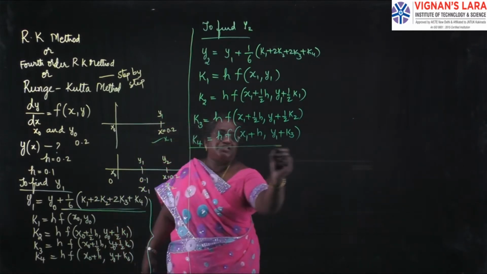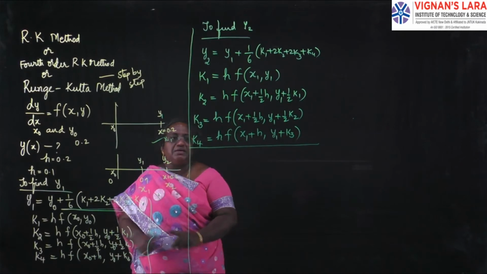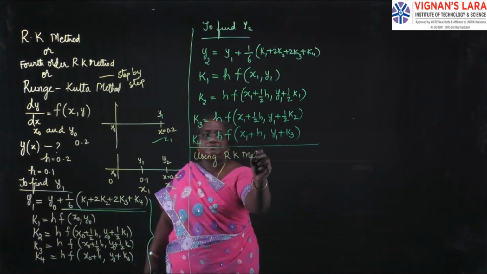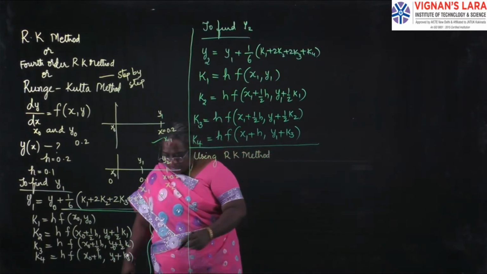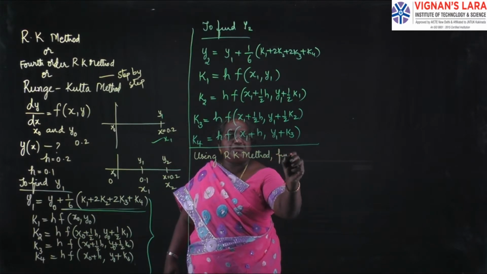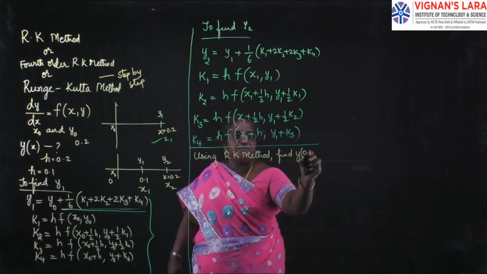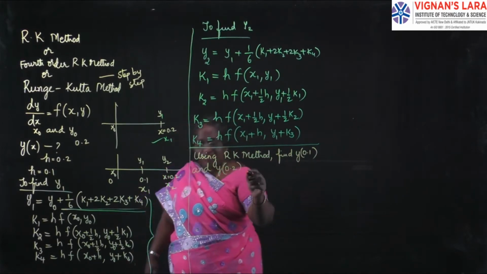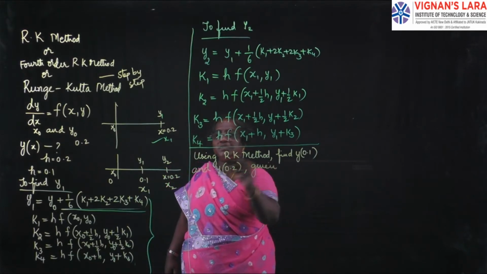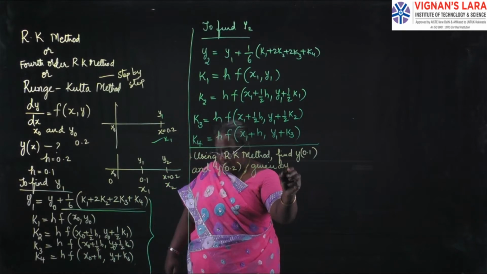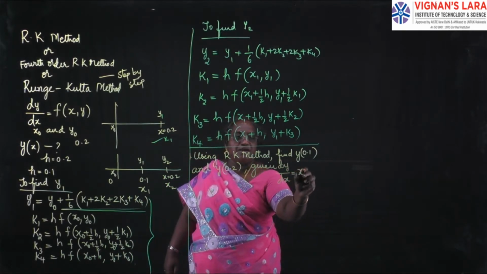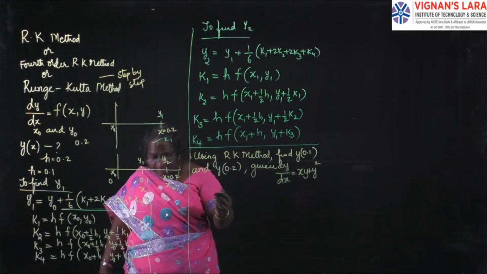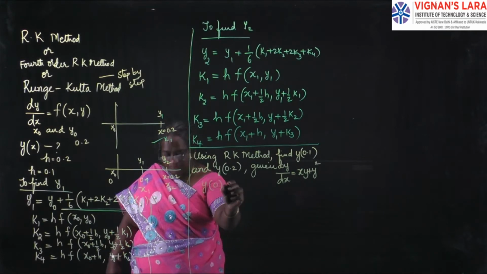Clearly, the problem will mention using the RK method. Using the RK method, find y of 0.1 and y of 0.2, given dy by dx is equal to xy plus y square, with the condition that y of 0 is equal to 1.